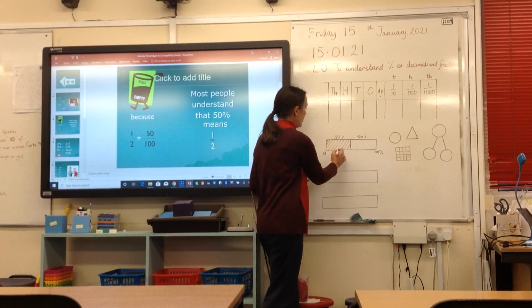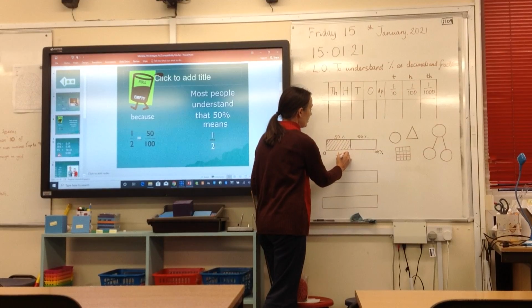Okay, so if we're looking at it in relation to fractions, half would look like this, and we know that that's equivalent to 50 over 100.